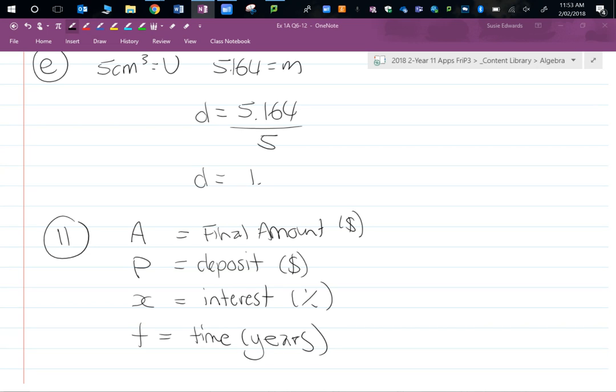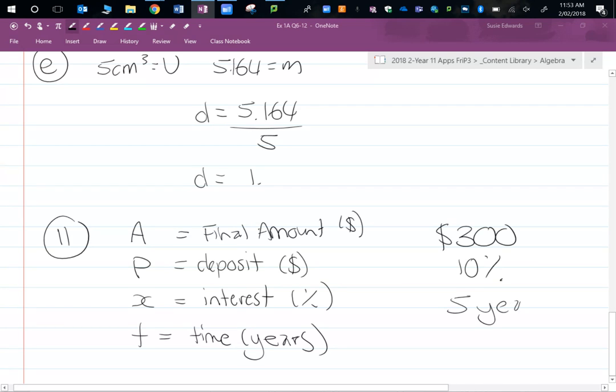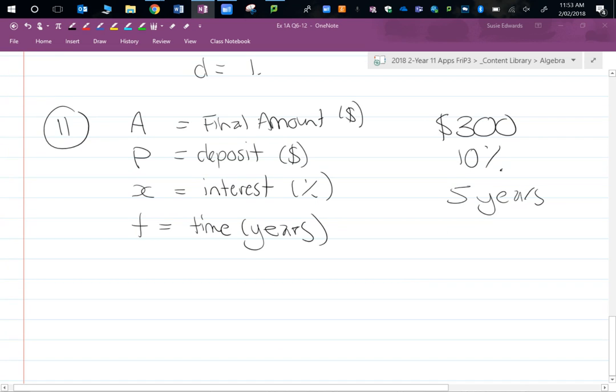Okay, so find the amount in the account after 5 years, if $300 is deposited at 10%, so $300 at 10% interest rate per annum compounded annually at 5 years. So we've got that information. So $300 is your deposit, the 10% is your interest, and the 5 years is your time.